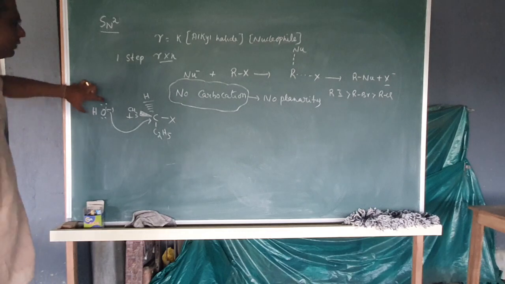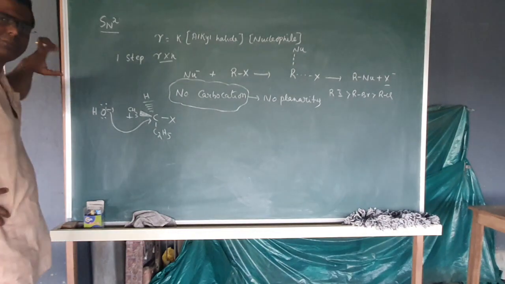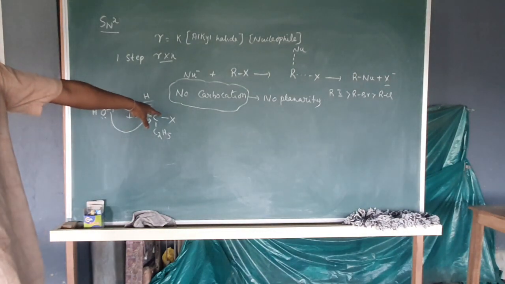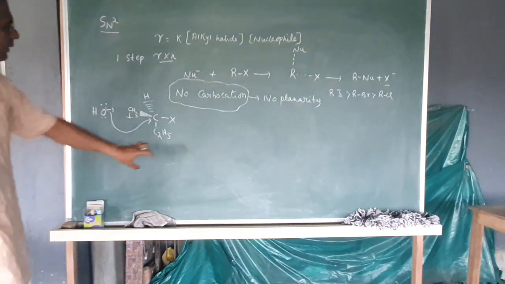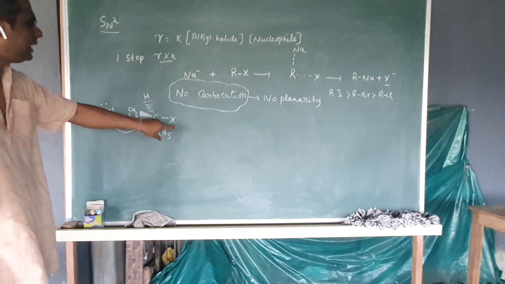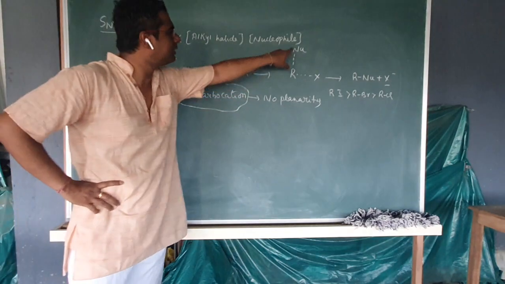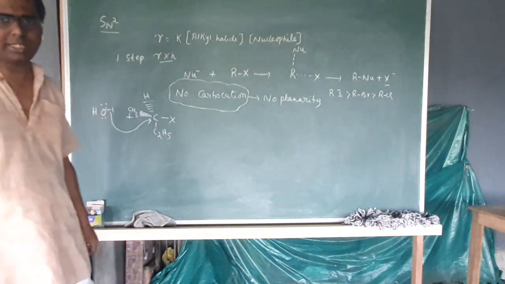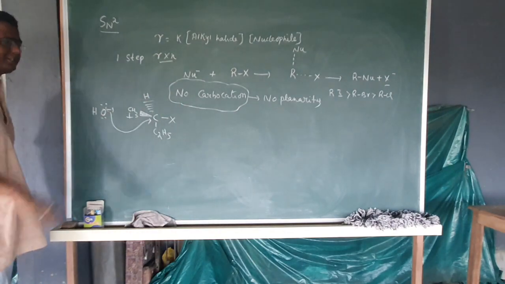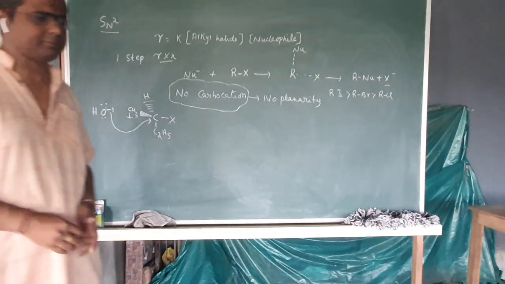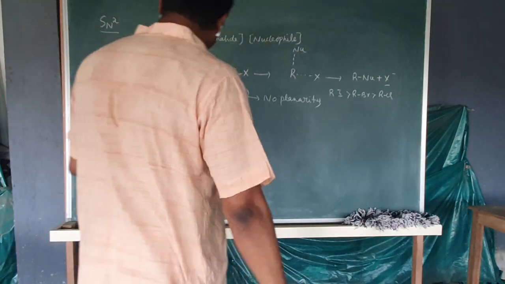See, this is a nucleophile, a negatively charged species. This is also an electronegative atom attached to carbon. So when it comes from this side, this will not let it form this transition state. So it is not possible for it to come from the front side, it has to come from the back side. Common sense, logic. Okay? So only back side attack is possible.